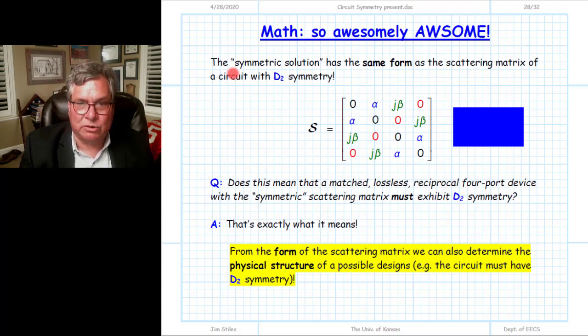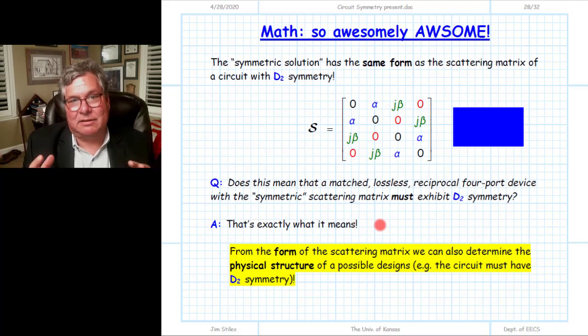So that leads to a question. Does this mean that a matched lossless reciprocal 4-port device with this symmetric solution must exhibit this level of symmetry? And that's exactly what it means. We have determined that we can find a matched lossless reciprocal 4-port device, one that has a scattering matrix of this form.